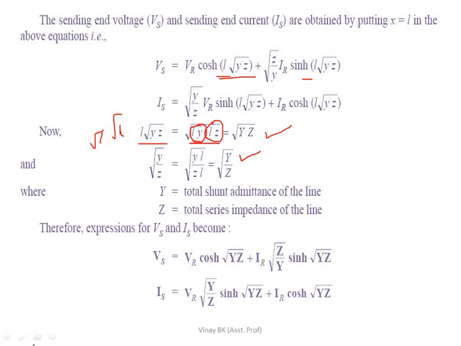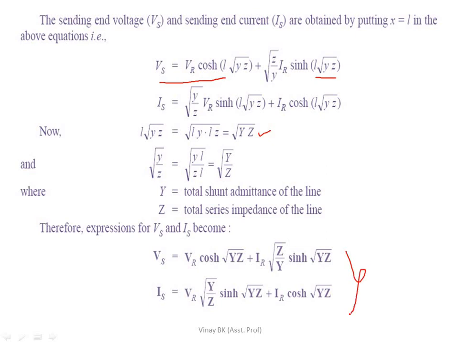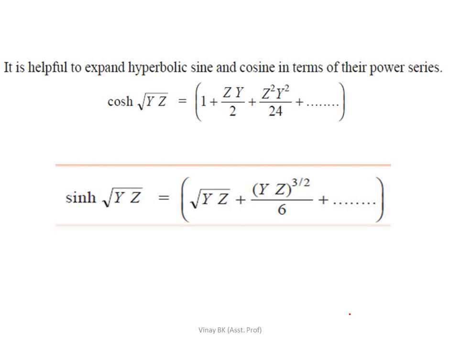So we substitute the total shunt admittance and total series impedance of the line, so that Vs equals Vr cos h square root of YZ, since square root of L into yz is nothing but square root of YZ. Square root of z by y I can write as capital Z by Y instead of total. So this is the expression for the sending end voltage and sending end current of the transmission line.